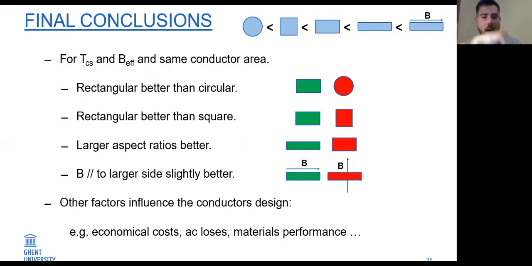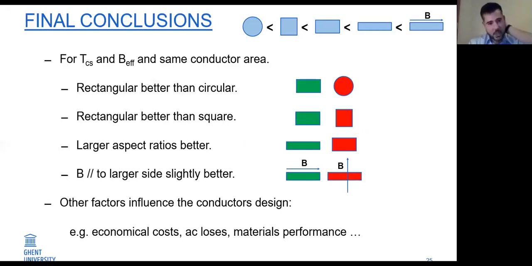That is true, they are harder to manufacture, but the point is that this is one assessment about the current sharing temperature and effective magnetic field. This is maybe 10% of what is needed for a final decision. Because it's not only the manufacturing, it's not only the economics, it's also the AC losses, the robustness of the coil, the materials performance, depending also on the high temperature.